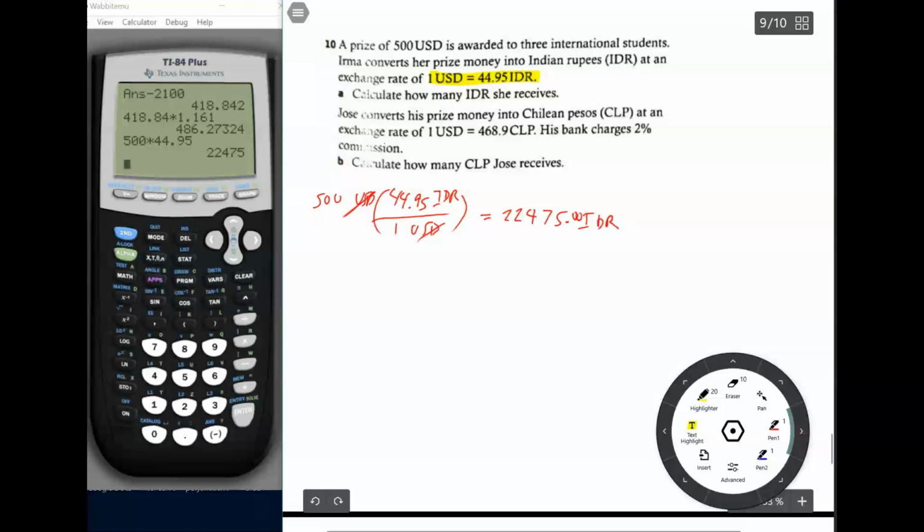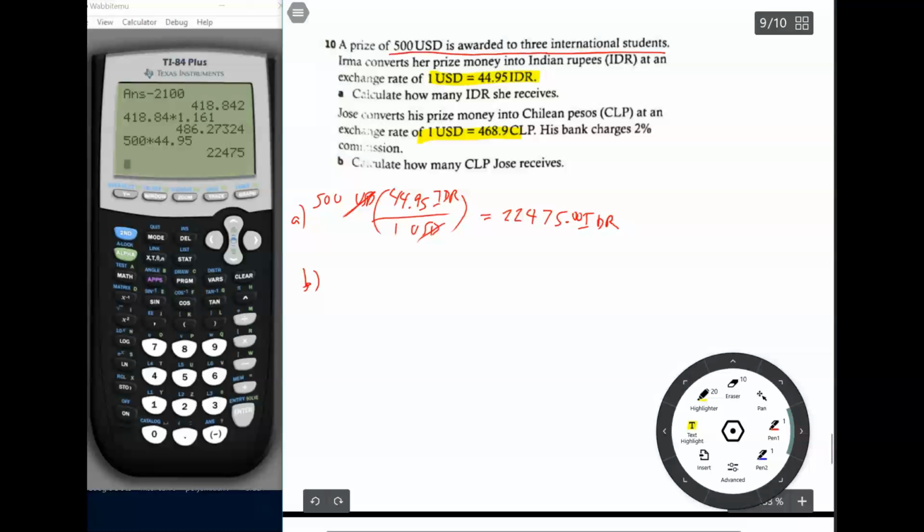Jose converts his prize money into Chilean pesos at an exchange rate of $1 to 468.9 Chilean pesos. His bank charges 2% commission. That would be part B. One thing I don't know is, they said a prize of $500 is awarded to 3 international students.